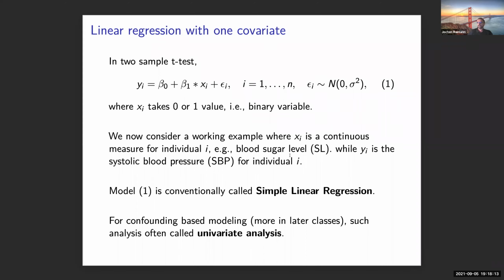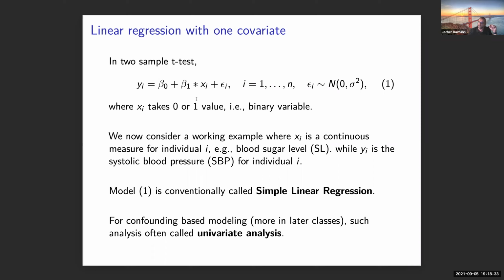We discussed that the last time, where you include a term that stands for this grouping as a binary variable. So you're adding to the mean the estimate for that group difference. You're adding the difference.